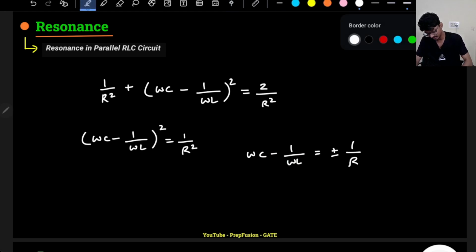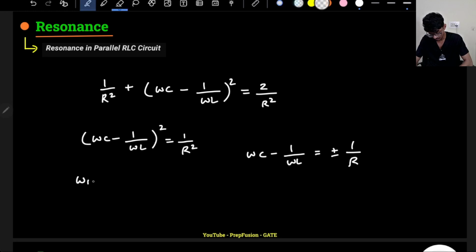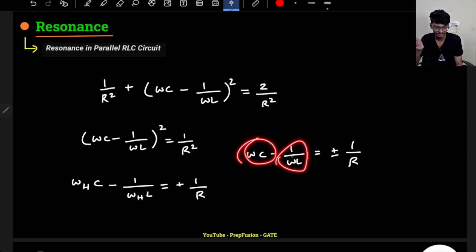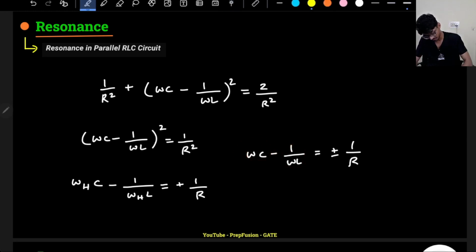So if omega is equal to omega H, omega H into C minus 1 by omega H into L, it will be capacitive in nature. Hence it will be positive, because this quantity will be greater than this quantity. If this is greater, obviously it is capacitive in nature. So it is leading power factor. That's why it is omega H.